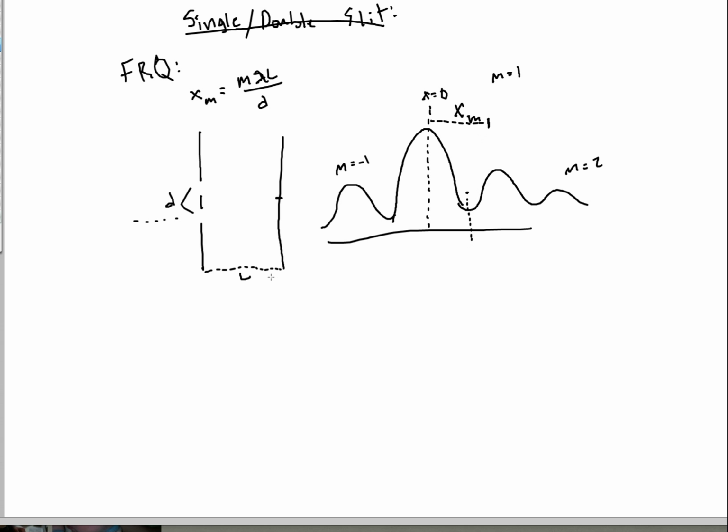So what they could ask is, okay, if I move my viewing screen further away, what happens to my interference pattern? Well, if you increase L, then that means that you increase the distance between these constructive interferences. They could ask you what happens if you shorten your wavelength or increase your wavelength. So a possible question is, what happens if I change the color of light?